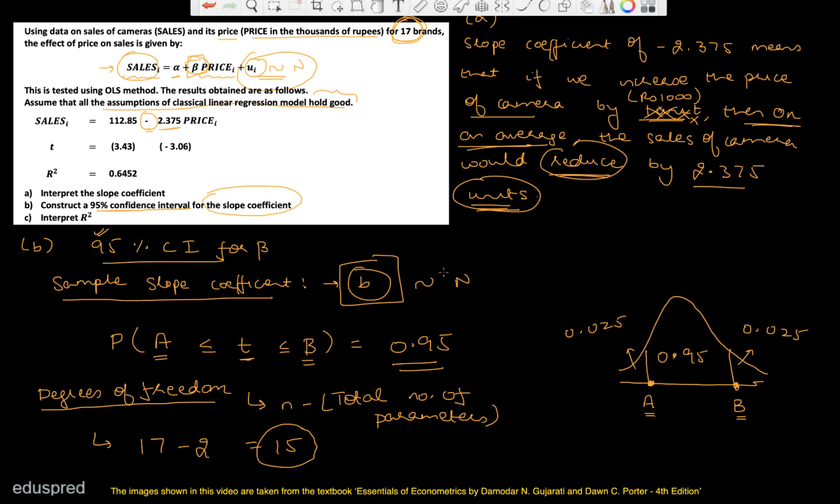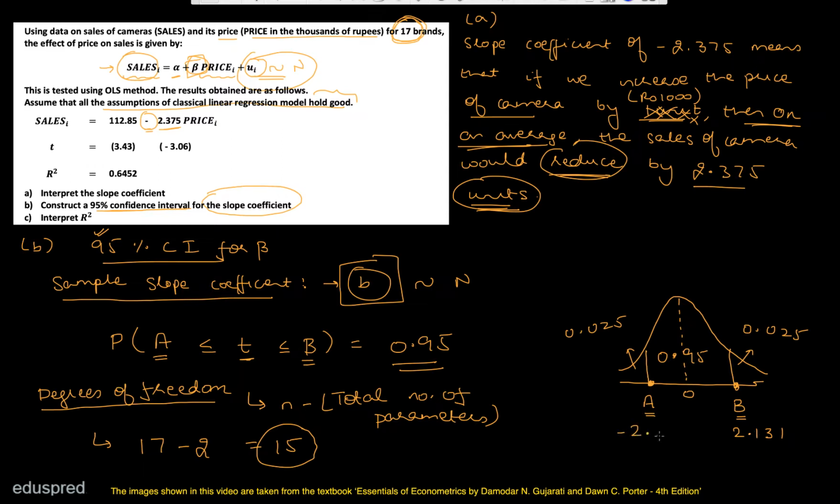Now note that the 2.131 that we got from the T table is the value of B. That is not the value of A. Reason being, over here we have 0. So B is going to take a positive value and A is going to take a negative value. So the value that we have found is the value of B, that is 2.131. Now because the T distribution is a symmetric distribution, if B is equal to 2.131, then this implies that A is equal to minus 2.131.